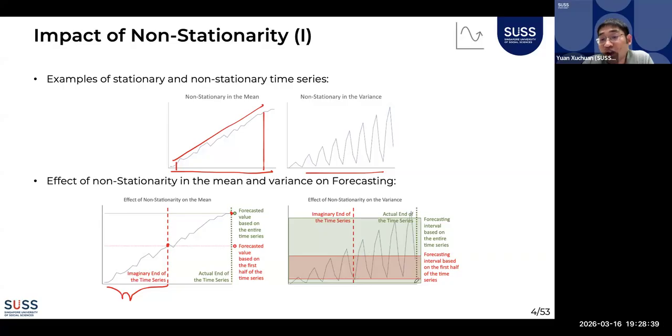However, if you look at the whole data, your forecasting will be standing at this time point, and then you can see the variability must be bigger, right? So in this case, you may underestimate the variability of the data because you use less data, and the data is not stationary.